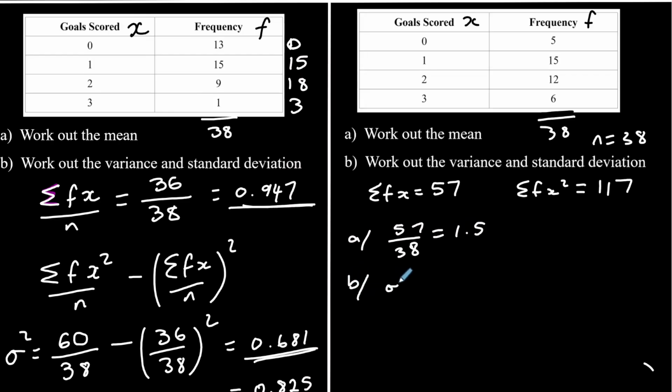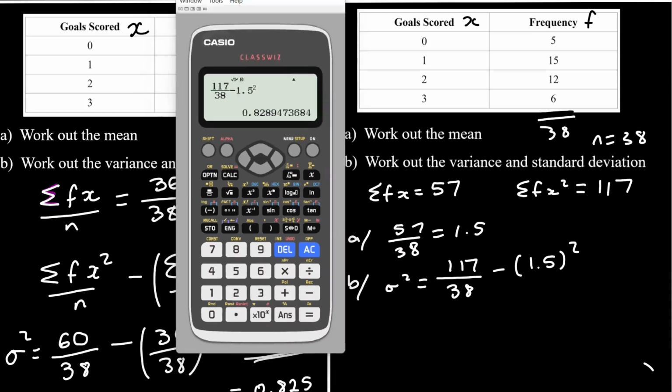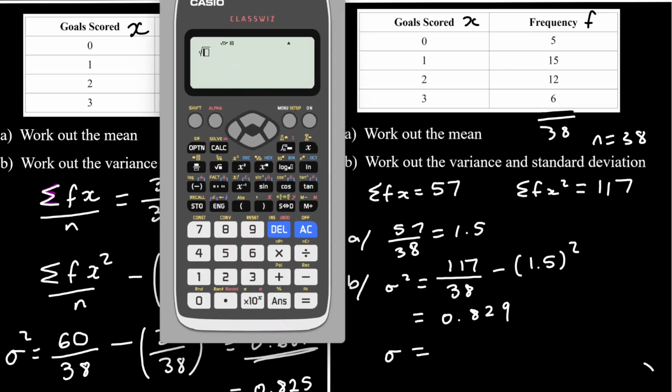The variance, the mean of the squares minus the square of the mean, 117 over 38 minus 1.5 squared, is 0.829. And the standard deviation, square root of the variance, is 0.910.